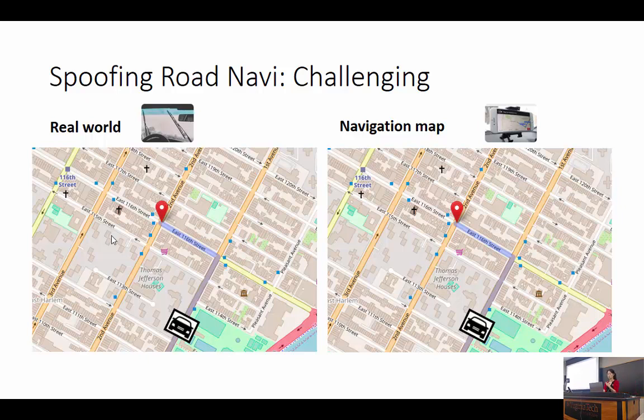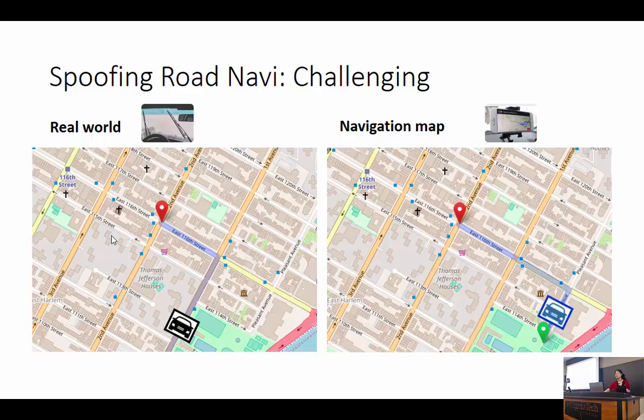Now assume you do a naive GPS spoofing attack, and you make the GPS receiver on the car believe it is in this location, while in reality it is here. Then the navigation system on the car will recalculate the path. Because now you are here, the navigation system will think this is the path you should drive, and the user then just drives along that path.